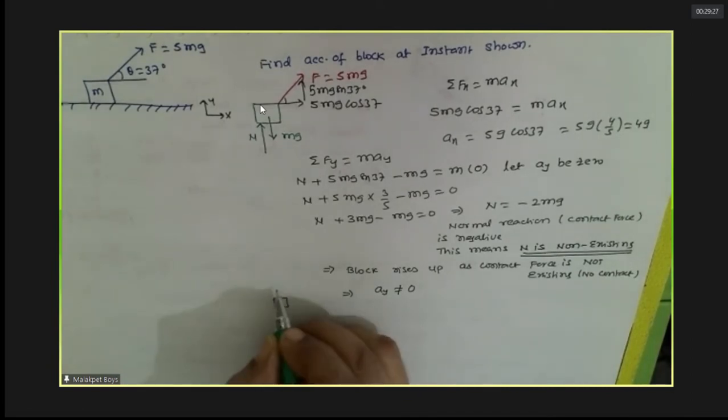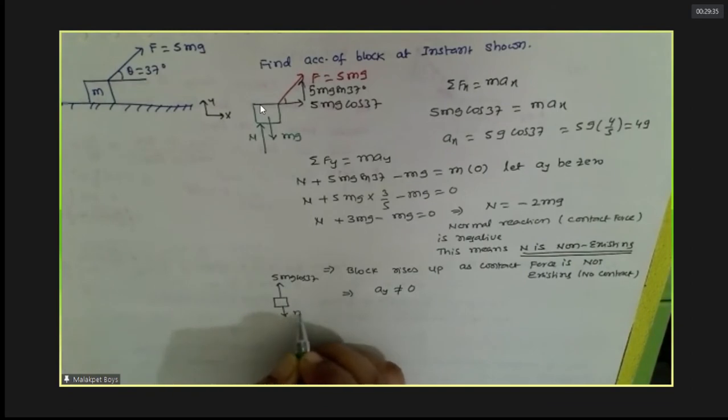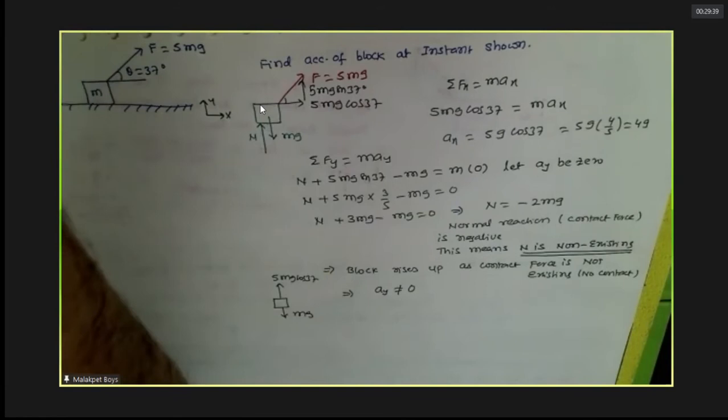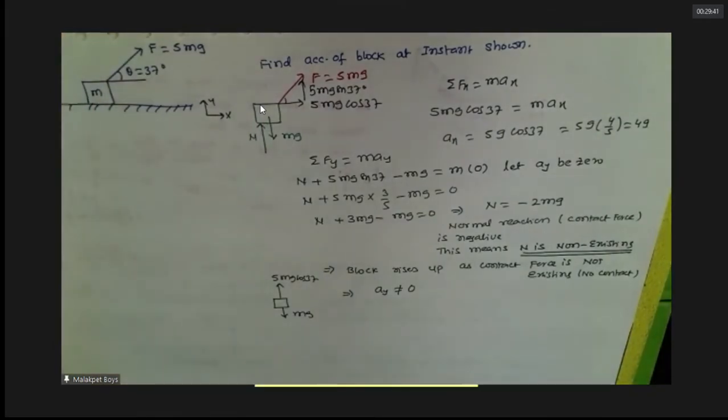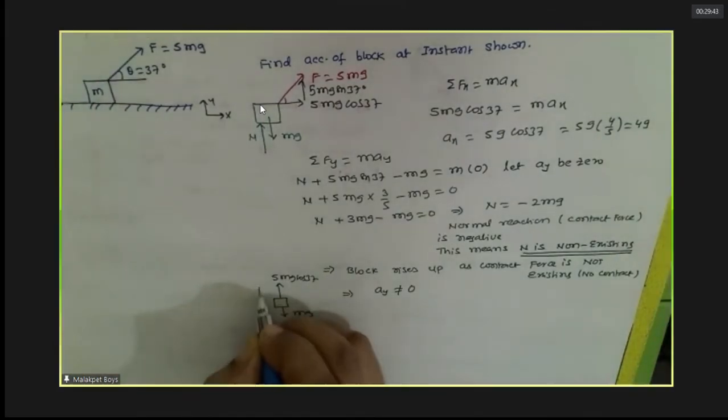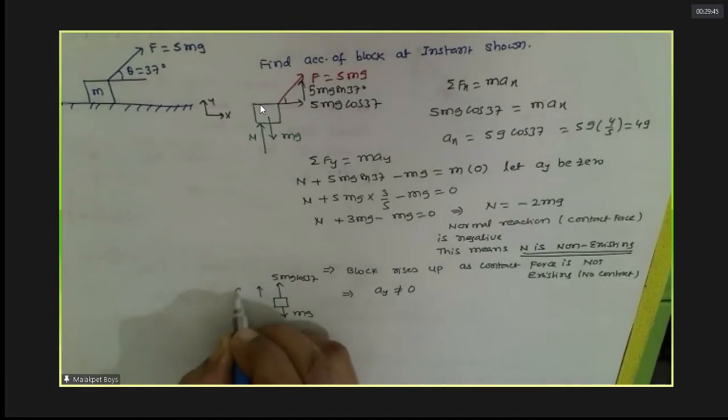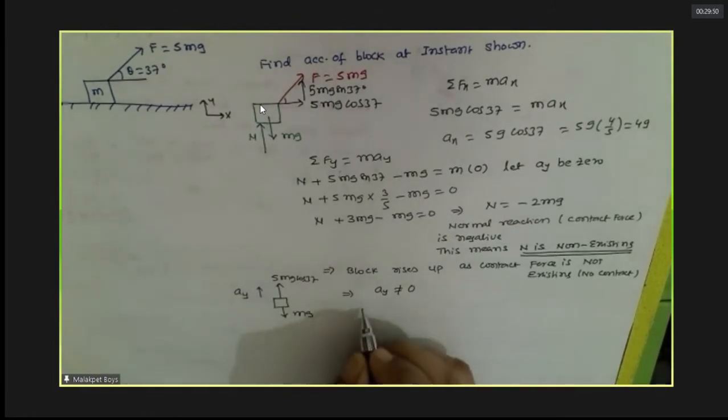So here N will be 0. What are the forces now shown? 5 mg cos 37. This is mg. Follow this? Yes, sir. Now here, let this be the acceleration Ay, because N is no contact force, no? So what you have?